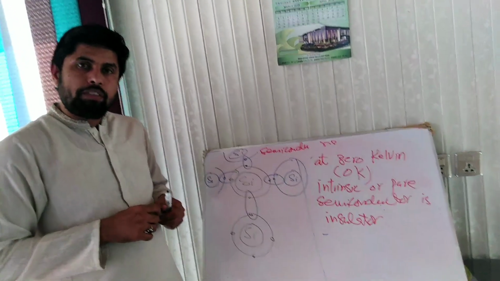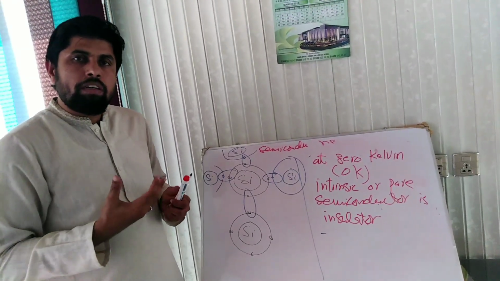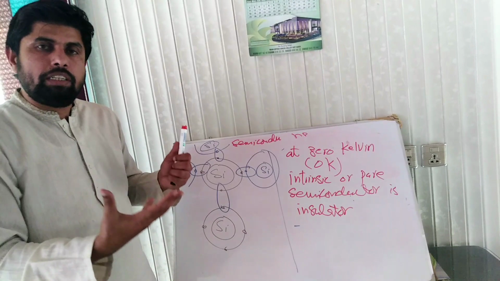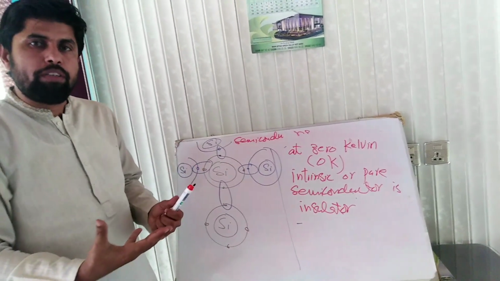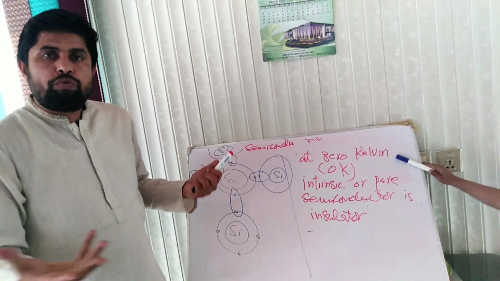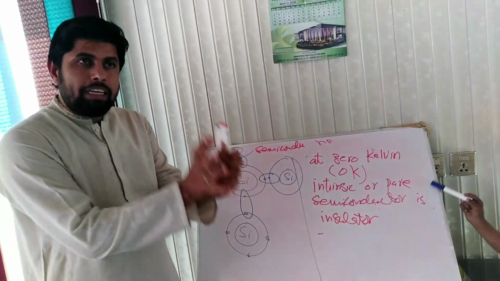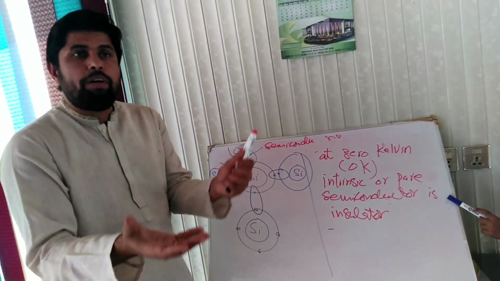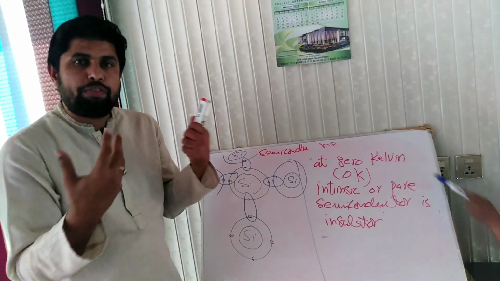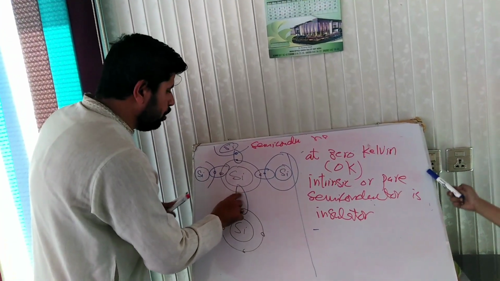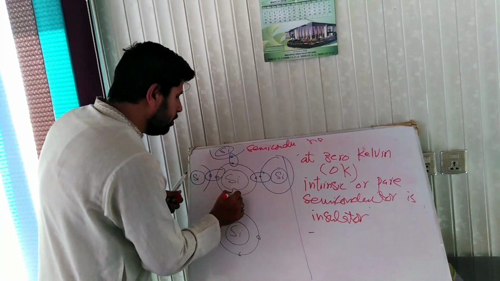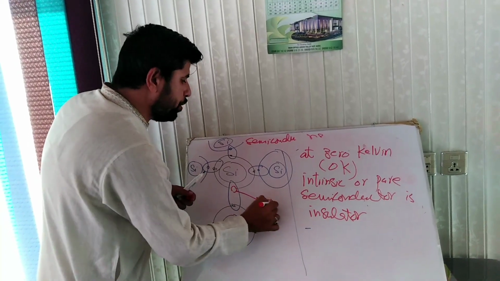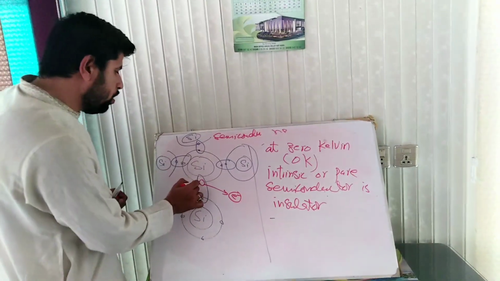At room temperature, some of the electrons gain thermal energy, and due to that they break their covalent bonds and go free. They are free electrons. When an electron leaves this atom, it moves away and goes free, but it creates a hole here.